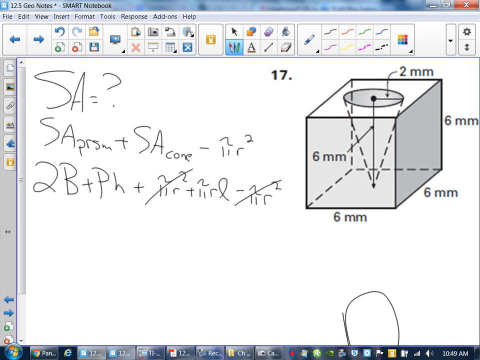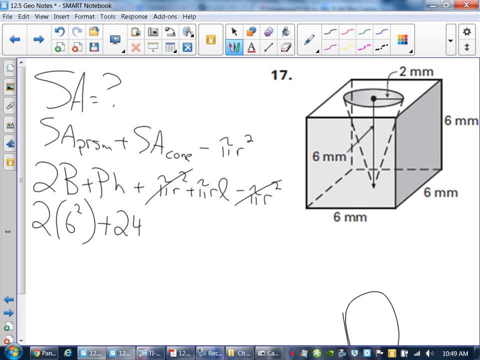My base, in my prism, what's the base? It's a square, isn't it? So the base is a square, so it's going to be 2 times the 6 squared. Everybody okay with me writing it like that? Okay. What's the perimeter if all 4 sides are 6s? 24, good.